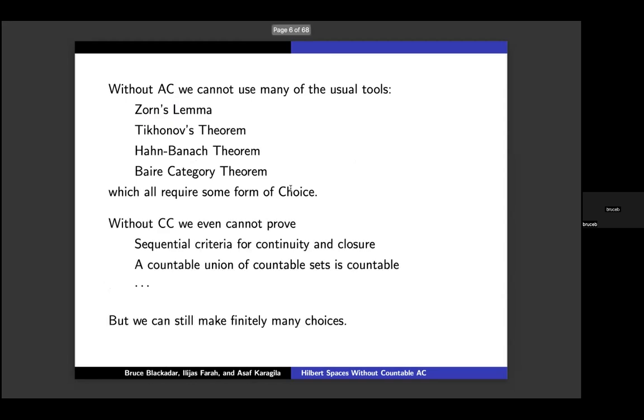And if you don't have countable choice, you can't even prove things like the sequential criteria for continuity and closure in metric spaces, or even that a countable union of countable sets is countable. And we'll see a dramatic counterexample to that in a little while. But one important thing is that we can still make finitely many choices without any additional choice assumptions besides the normal Zermelo-Fraenkel axioms.